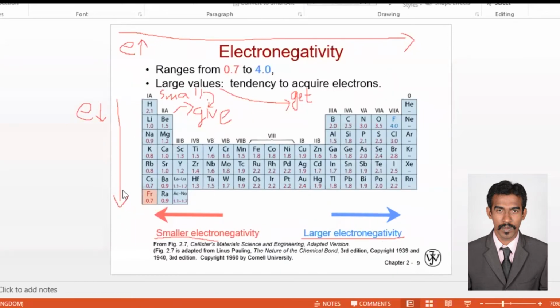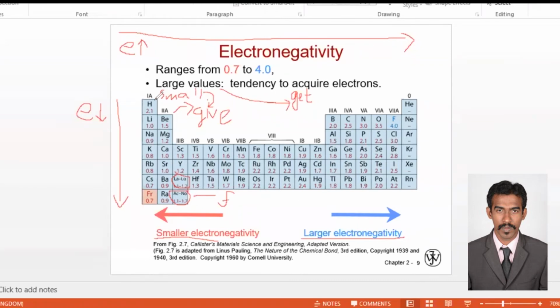What is happening down the table, and what is happening across the table from left to right, right to left? In these two boxes, the box in between barium and hafnium, and the one after radium, are the F block elements. Usually they are written at the bottom of the table separately, otherwise the table would be very big.